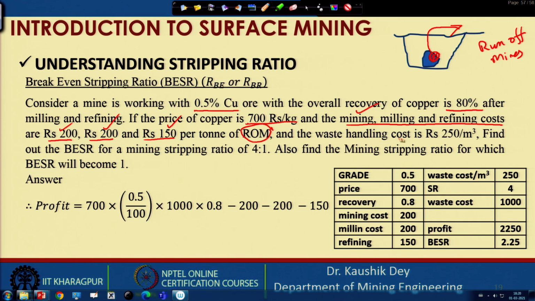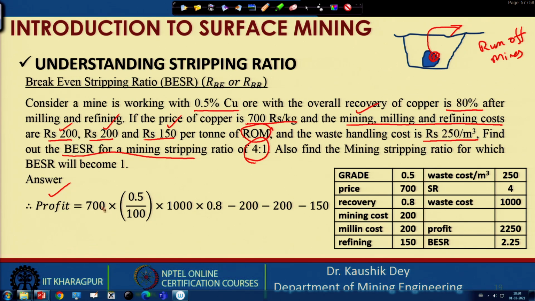If the waste handling cost is rupees 250 per meter cube, find out the break even stripping ratio for a mining stripping ratio of 4:1. So, if 4:1 is the mining stripping ratio, let us find out whether it remains profitable or not. To solve this, let us find out what is the profit.